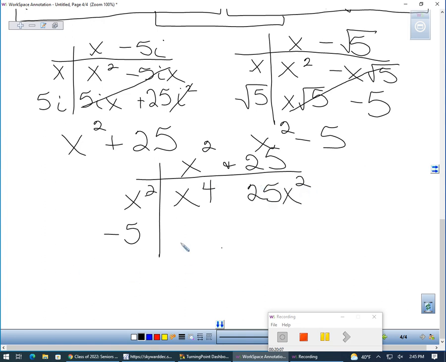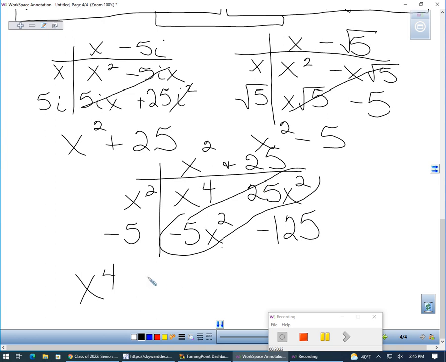X squared times negative 5 is negative 5x squared. And 25 times negative 5 is negative 125. So we get x to the 4th. Adding your diagonals together, we get plus 20x squared minus 125 is our polynomial.